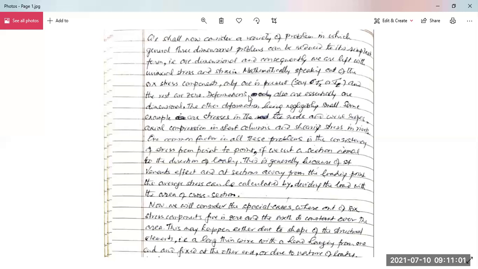And we have constituted 6 constitutive equations between the stress and strain, which contain around 36 constants. And we have taken a lot of assumptions to reduce the number of these constants to 2 only.